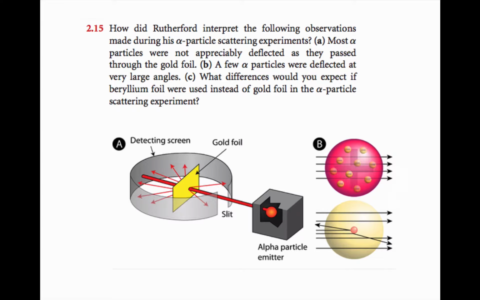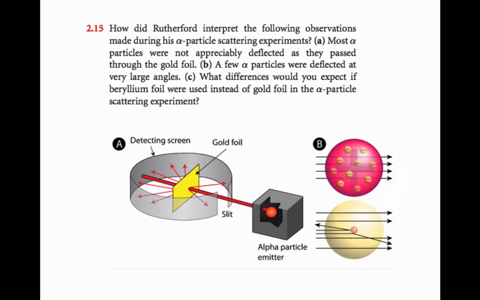The fact that the alpha particle went right through the gold foil was because it was going through where the electrons were, and the electrons must have had no mass compared to the positive particle because you didn't knock the positive particle off its path.